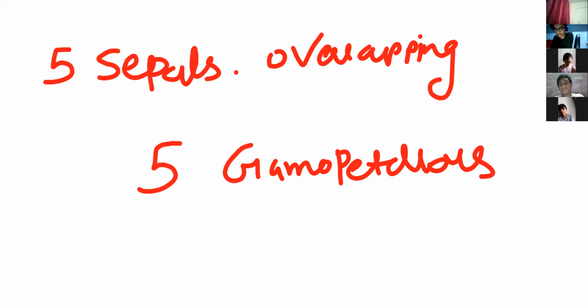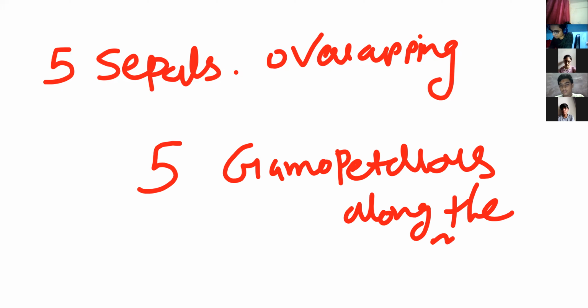Next, and these petals are arranged along the margin.